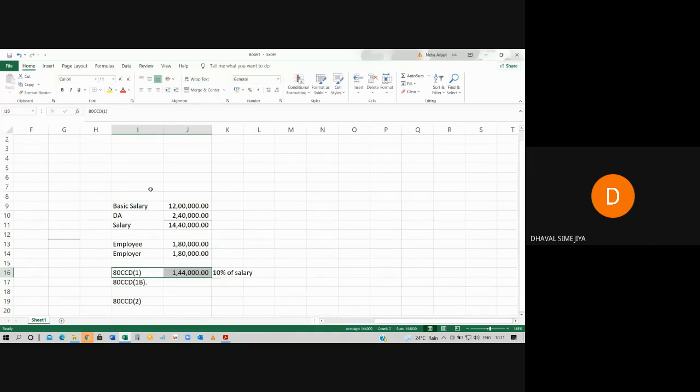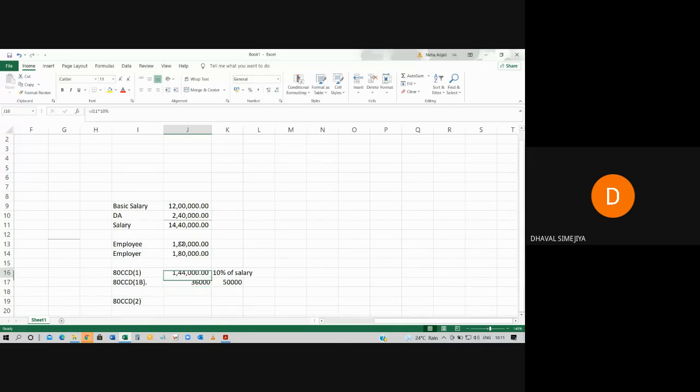Sir, but investment is 1,80,000 and we are getting deduction of 1,44,000 only. What about rest of the amount? So as I have told you earlier, 50,000 benefit is available under section 80CCD subsection 1B for pension, extra benefit, right or not? So you can claim 36,000 over here or not? Yes or no? Obviously yes.